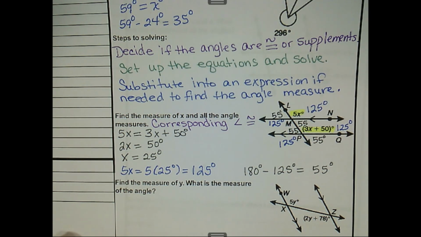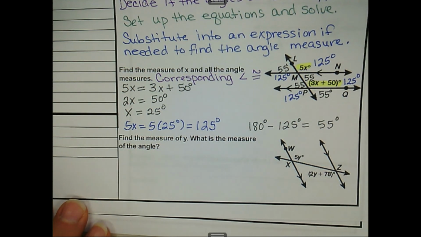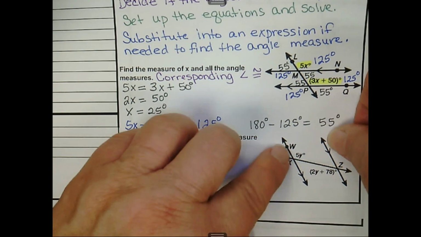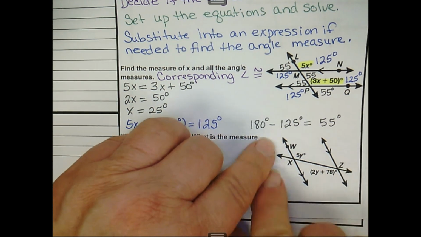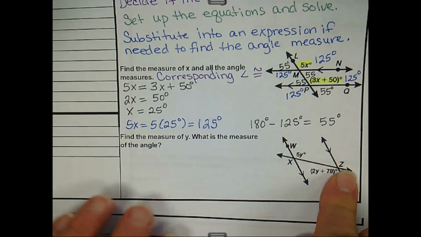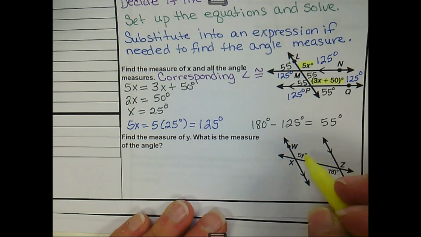So, here we go again. Step 1. What kind of angles are they? Here's my parallel lines. They're inside. So they're interior angles. Here's my transversal. Are they on the same side or are they on opposite sides?